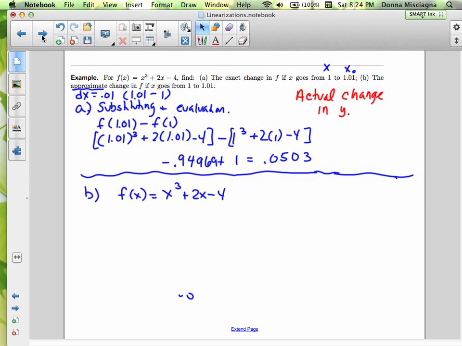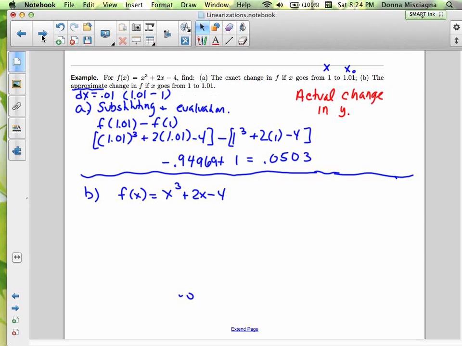Now here, up above, I have the actual change in y. For f of x equals x cubed plus 2x minus 4, find the exact change of f if x goes from 1 to 1.01, then the approximate change in f if x goes from 1 to 1.01.